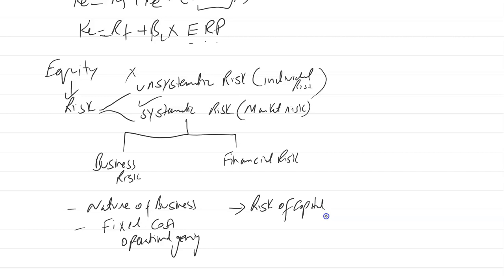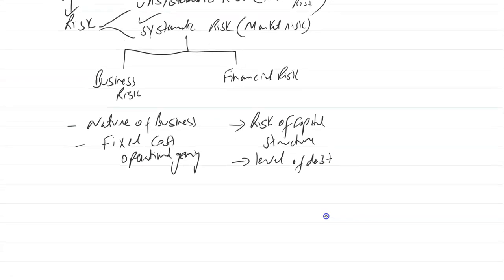Risk of capital structure. It's actually the level of debt. If you have taken a loan, that means you will face financial risk. Otherwise, there will be no financial risk if you haven't taken a loan. Since there are two types of systematic risk, beta also has two types. Beta is a relative systematic risk.